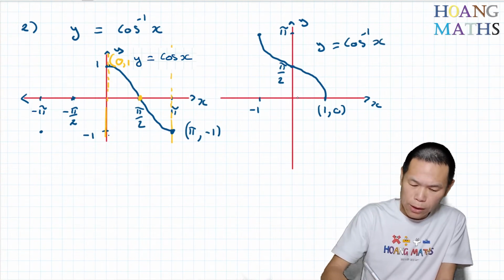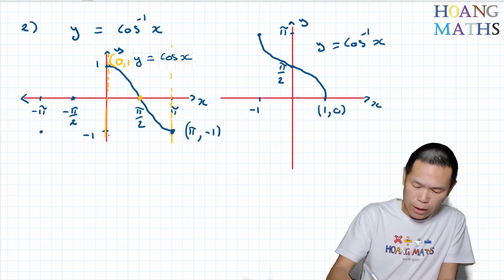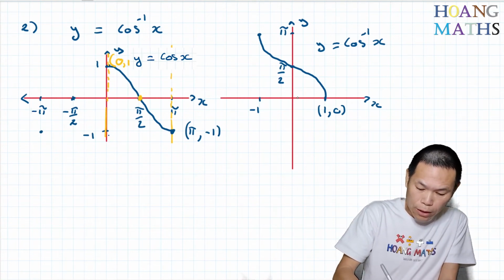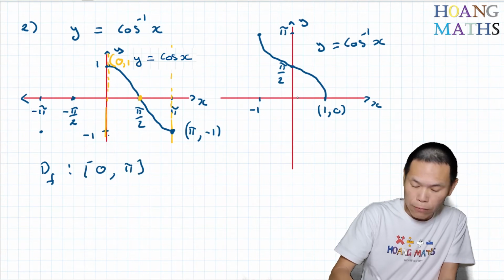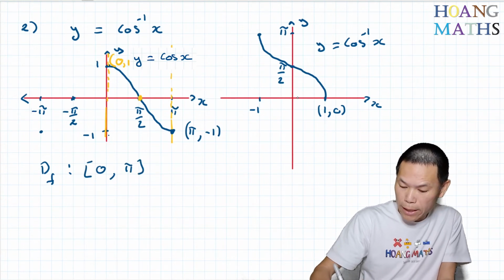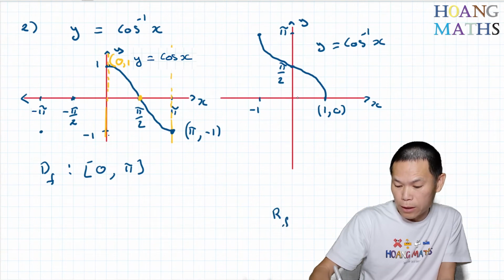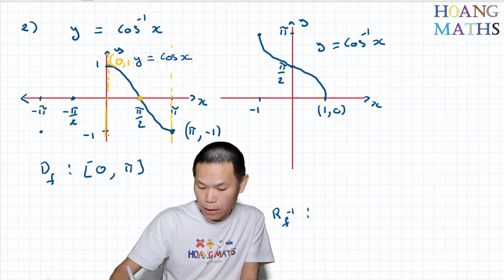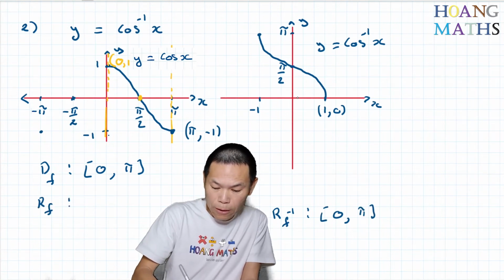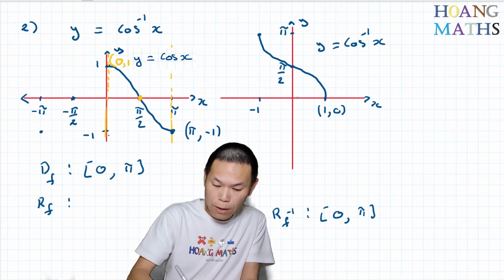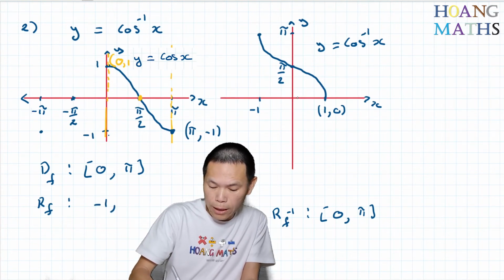So the domain of this, let me just write the domain of cos x first, okay? So for cos x, the domain of the function is between 0 and π inclusive, of course. So therefore, the domain now becomes the range of the inverse. So that is between 0 to π. And the range of the function, you can look at the graph here, is between −1 to 1 inclusive, okay?